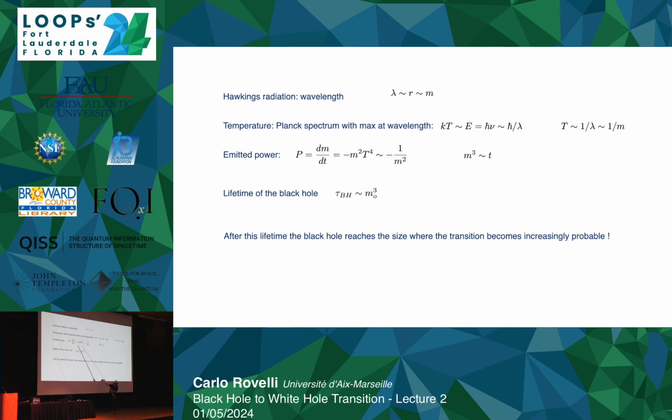You integrate this equation, and you find that the time to get to zero, to Planckian, to get to the quantum region, is of order the original mass to the third power.